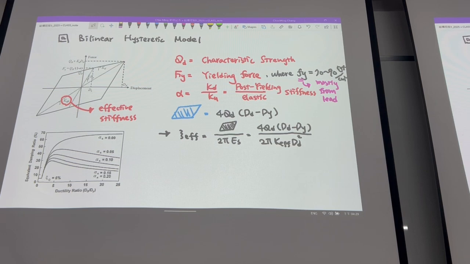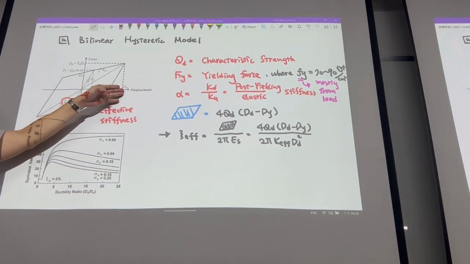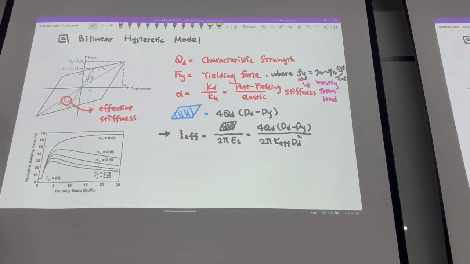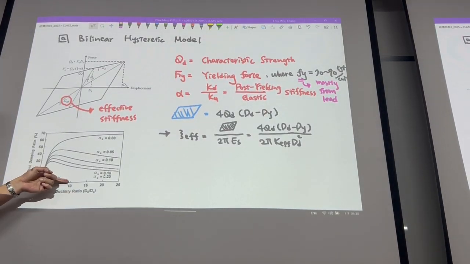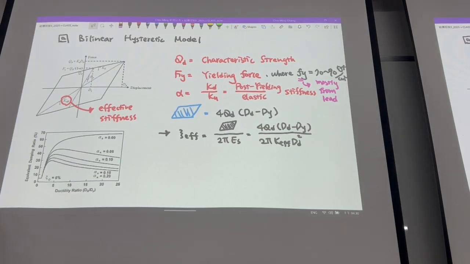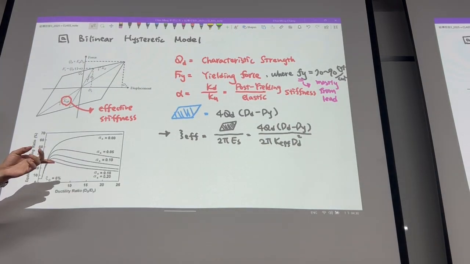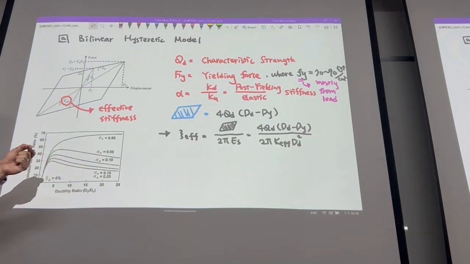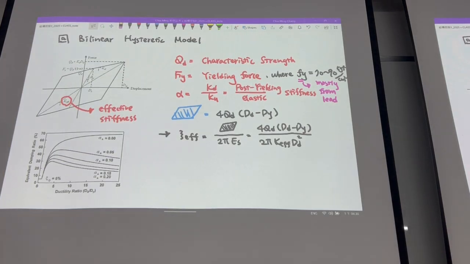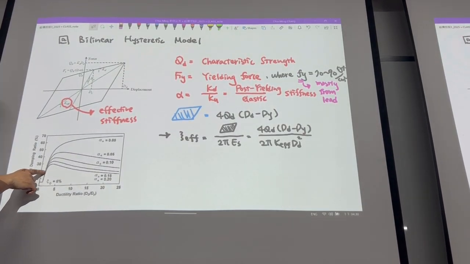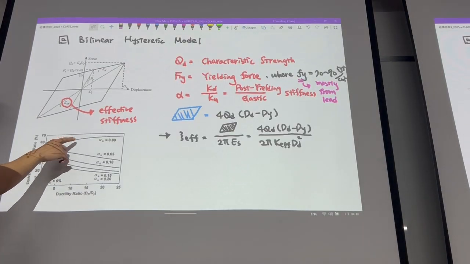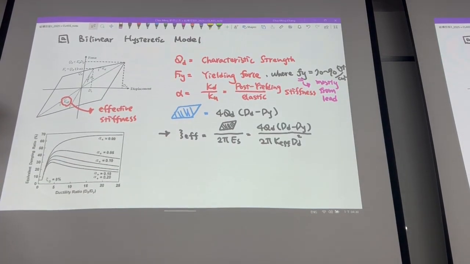In earthquake engineering, they say the maximum displacement divided by the yielding displacement is called the ductility. So if you increase the ductility, it doesn't mean you always increase the damping. In the very beginning, of course, you will increase this effective damping.